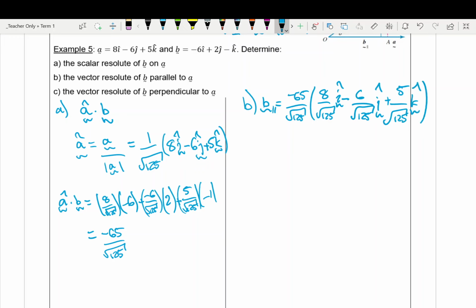So that is, of course, our A hat being multiplied by our scalar resolute. And if we expand this out and simplify it, we get 13 over 25, 8i, take 6j, plus 5k.